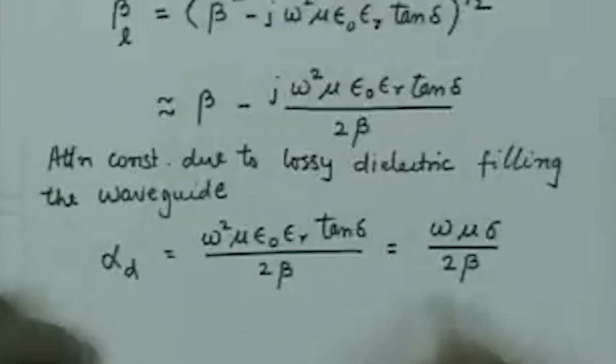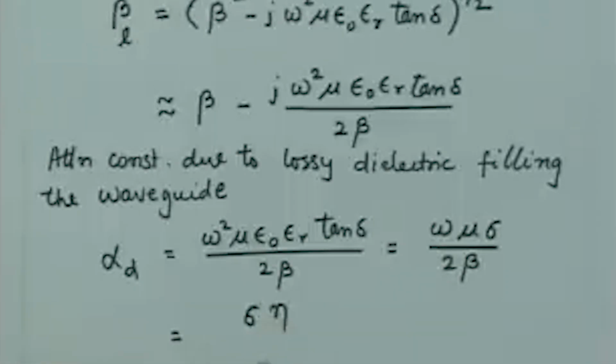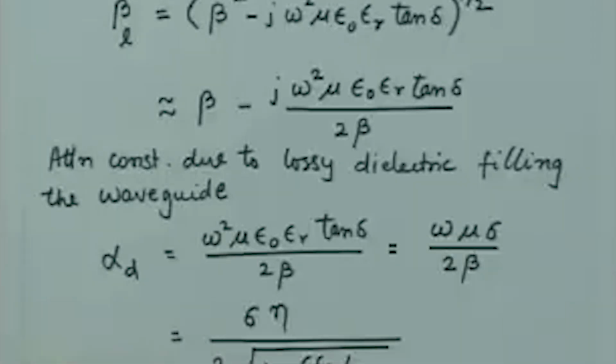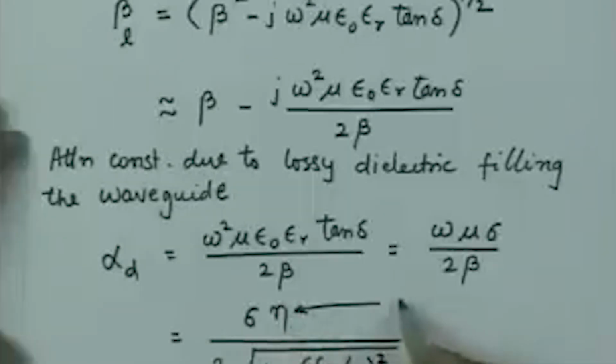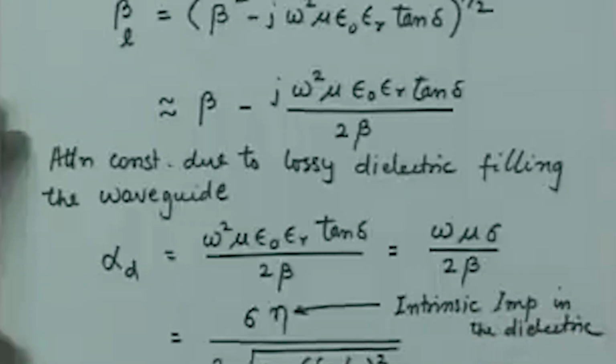So, if I substitute for this, that will be equal to sigma eta divided by 2 times square root of 1 minus f c upon f whole square, where eta is the intrinsic impedance in the dielectric, which is square root of mu 0 upon epsilon 0 epsilon r.